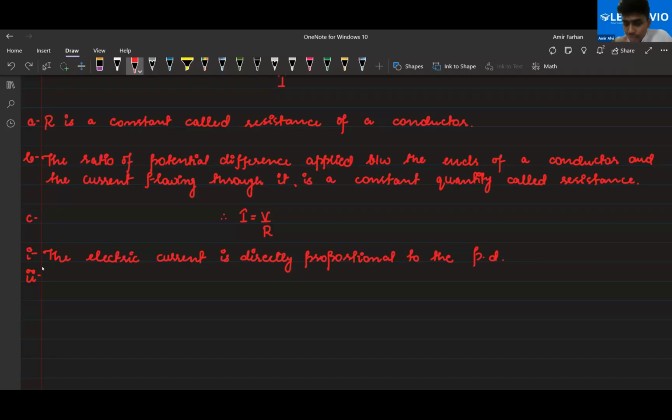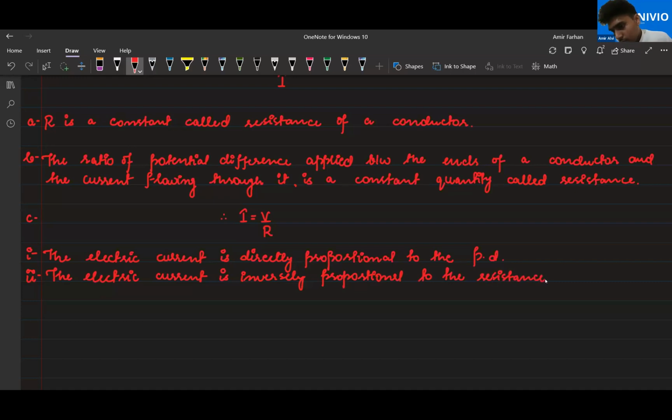It means that the current is inversely proportional to the resistance.